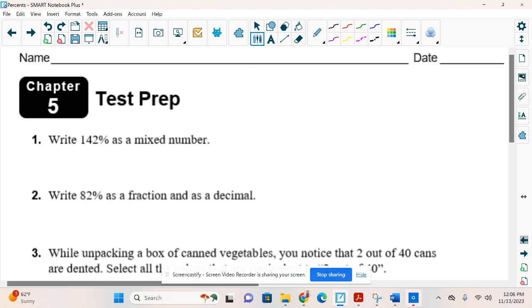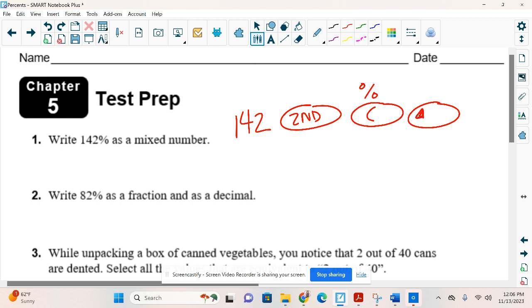Do we need to go over how to convert percents to fractions or to decimals or anything like that? Or do you know how to do it on your calculator? I know how to do it. So you put 142, then you're going to have to hit your second, then you're going to hit that open parentheses button that has the percent over it, and then you're going to hit the double arrows, and then enter.